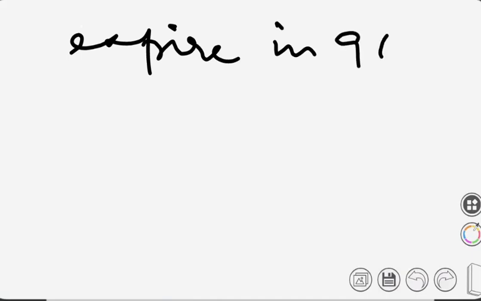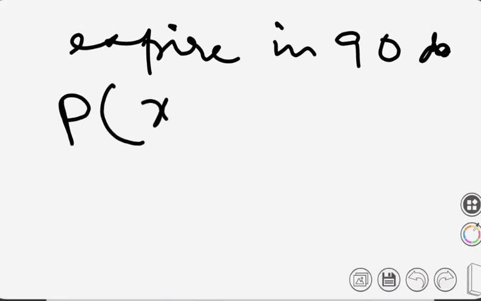So that means here we are asking what is the probability that x is less than or equal to 90. Less than 90 and less than or equal to 90 will not make any difference. So can you find out this probability?